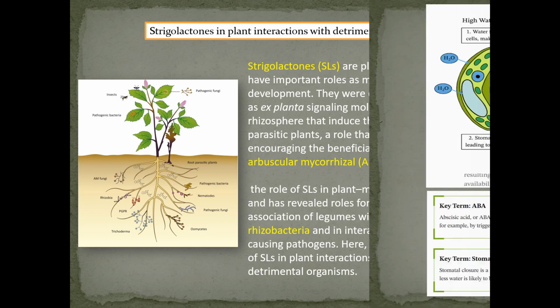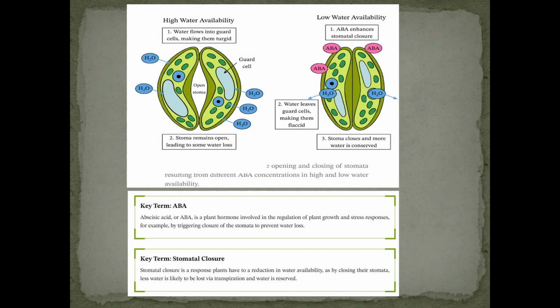Abscisic acid is mainly induced by water availability. With high water availability, water flows into the guard cells, making them turgid. The stomata remain open, leading to some water loss. For example, the guard cells will be open in the daytime. With high water availability, the roots easily absorb water molecules.